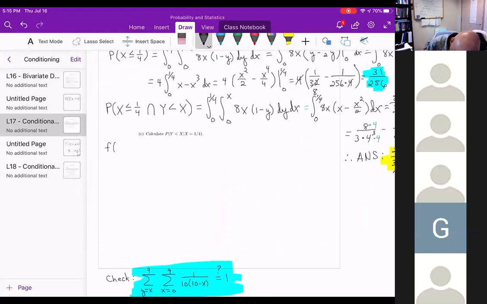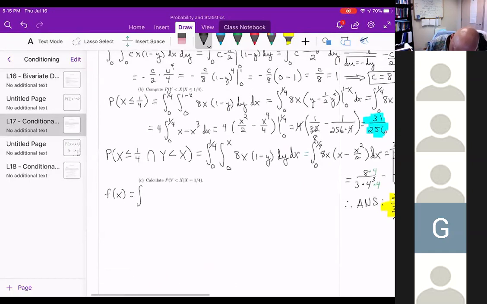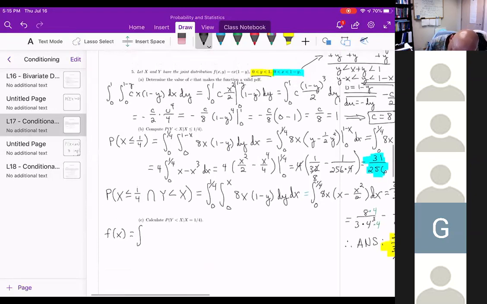So f of x, the marginal distribution of x, is going to require integrating y out. We had solved c to be 8 last class, so we have 8x times 1 minus y. Again, we're integrating with respect to y, so we're going to have a function of x alone.